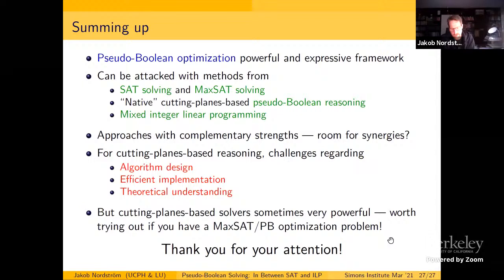To some extent, yes. If you look at what the pseudo-Boolean solvers are doing, they will spit out cutting planes proofs in exactly the same way as a CDCL solver produces a resolution proof. And this is a complete method.